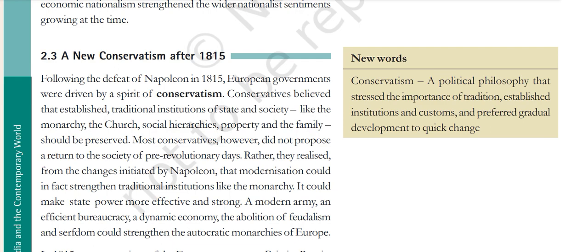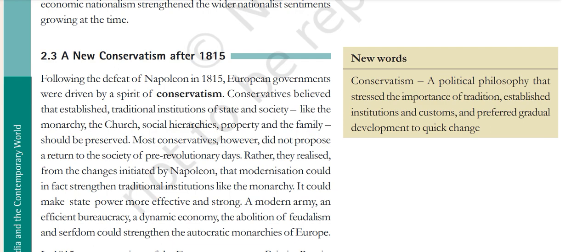Most conservatives, however, did not propose a return to the society of pre-revolutionary days. Rather, they realized from the changes initiated by Napoleon that modernization could in fact strengthen traditional institutions like the monarchy. It could make state power more effective and strong.